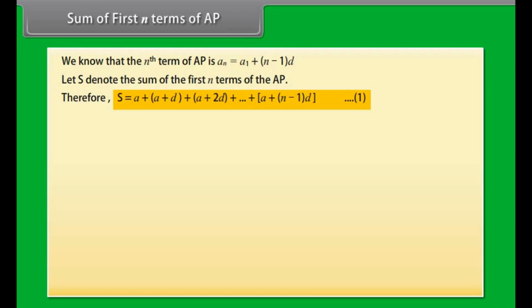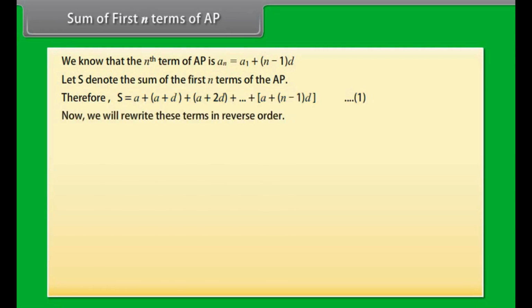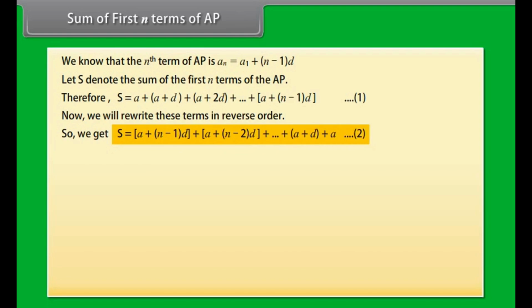Mark it as equation 1. Now we will rewrite these terms in reverse order. So we get S is equal to (a plus n minus 1 d) plus (a plus n minus 2 d) plus and so on plus (a plus d) plus a. Mark it as equation 2.